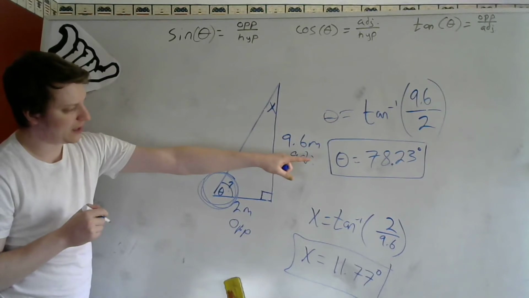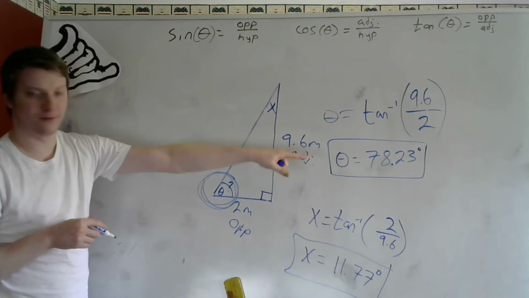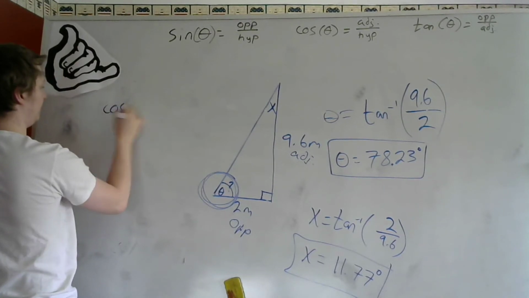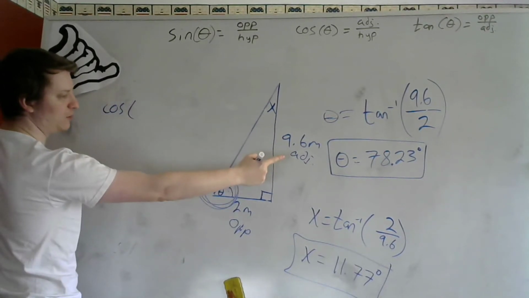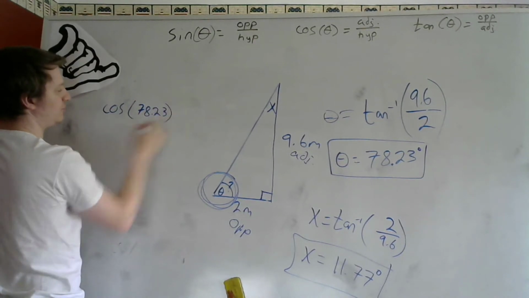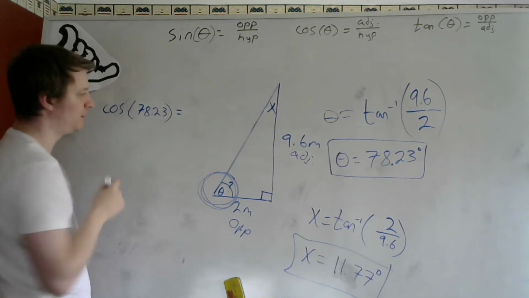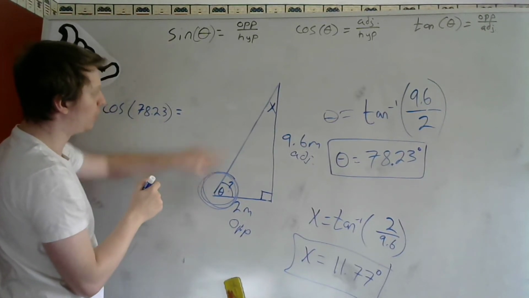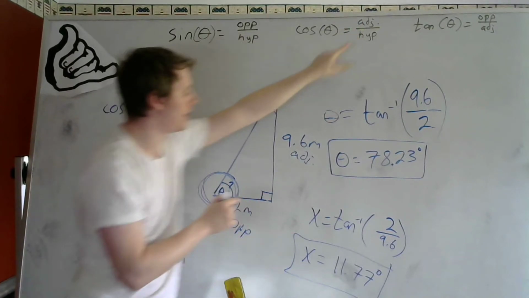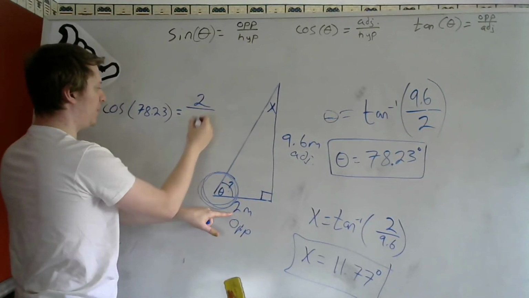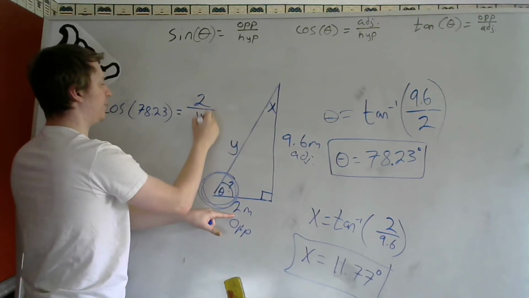So we know that that angle is 78.23, which means I could do something like the cosine of 78.23. That's what this angle is. This is just like the last assignment at this point. So the cosine of that angle should be equal to, for cosine, it's adjacent over hypotenuse. So the adjacent is the 2, and the hypotenuse is, we'll call it y. It's the thing I don't know yet.